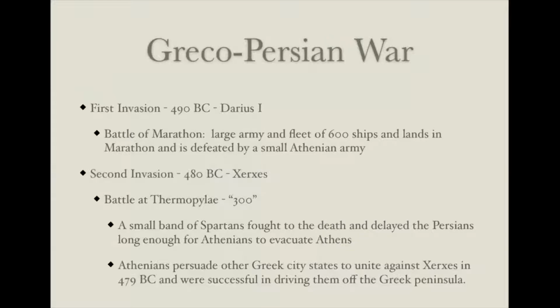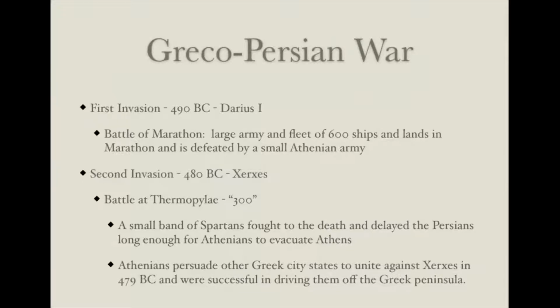But the war wasn't over, because Xerxes, the fourth king that Daniel talked about, would mount another, larger army 10 years later and begin his invasion. He sent an army overland, and he also sent an army over the sea.